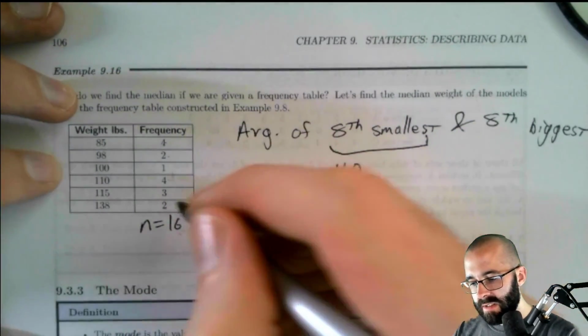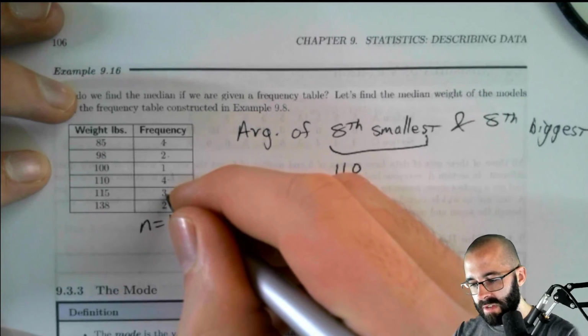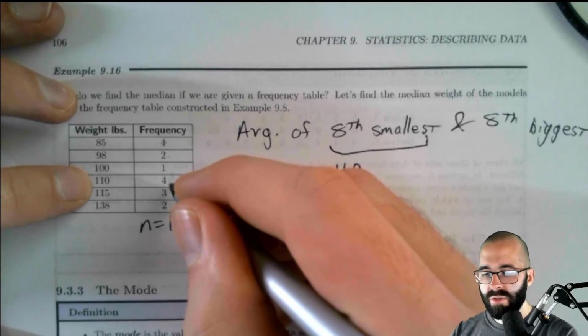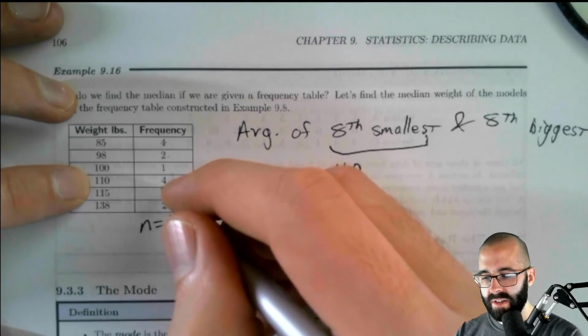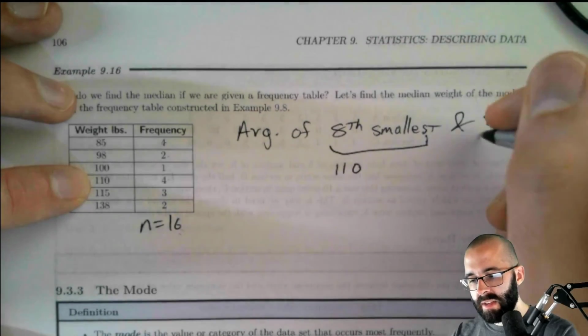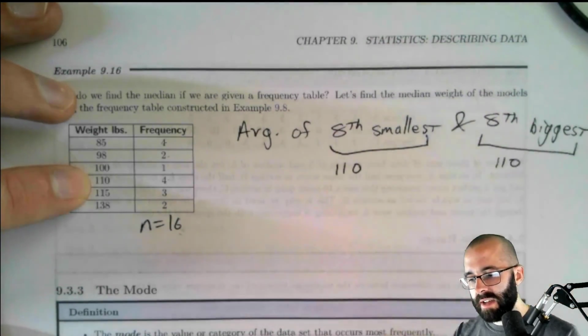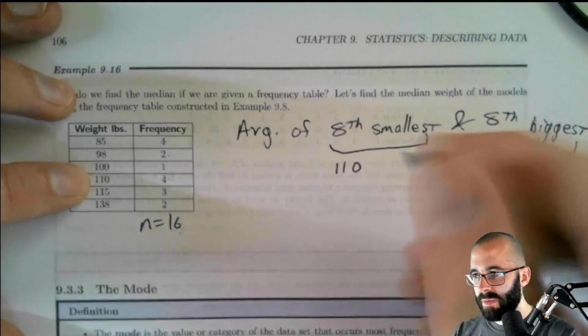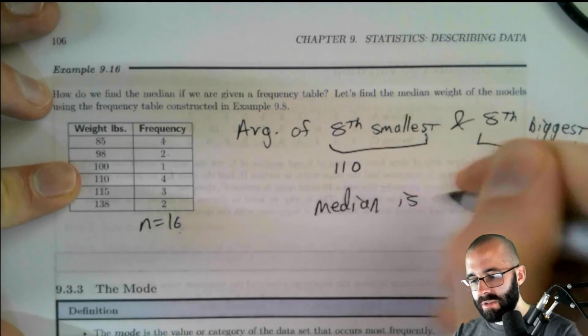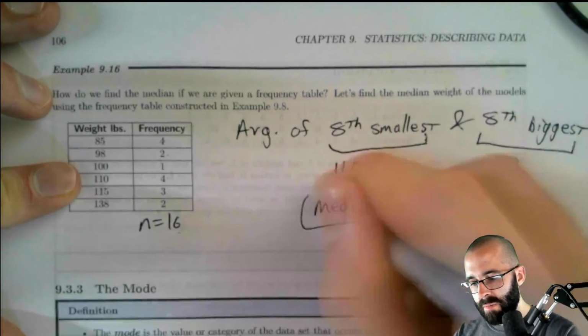What's the 8th biggest? 2, 5, 6, 7, 8. It'll be the third from the biggest 110, or the second smallest 110. But either way, it's 110. So again, it's a little unclear. We'll average these. Median is still 110 pounds.